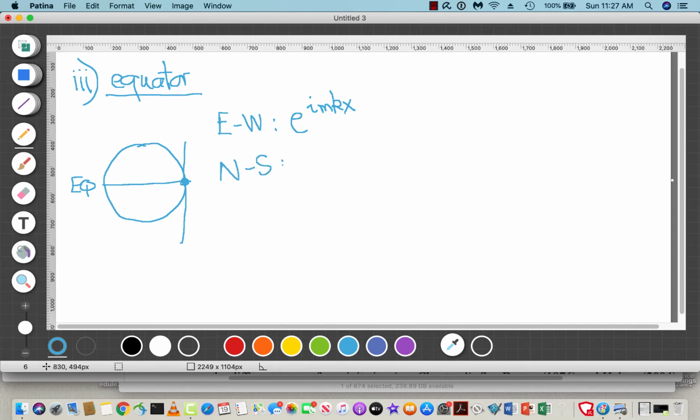But in the north-south, remember on the mid-latitude tangent plane, we can use e to the i n l y. On the polar plane, we have to use Bessel functions. And on the equatorial plane, we are stuck with something called Hermite polynomials. So these are going to be some polynomial function of y.